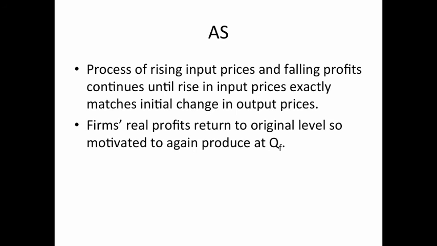So again, we'll move back to the full employment level of GDP. So in the long run, GDP is fixed at the full employment level of GDP because again, we have this flexibility in principally the input prices.